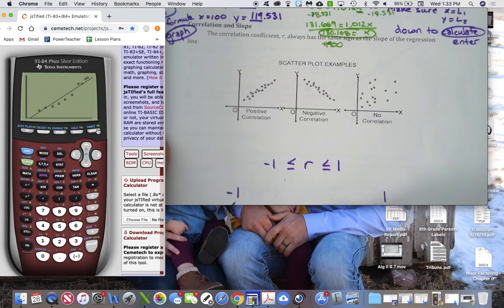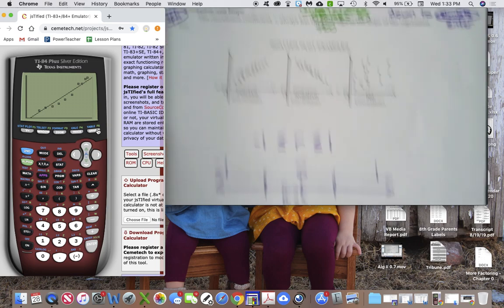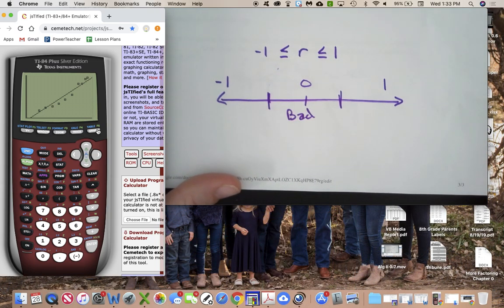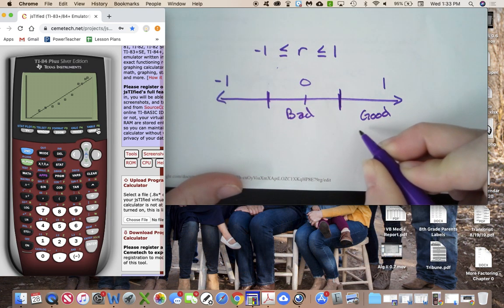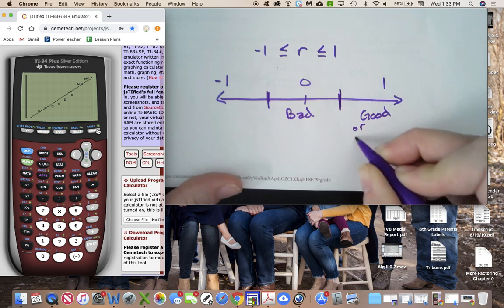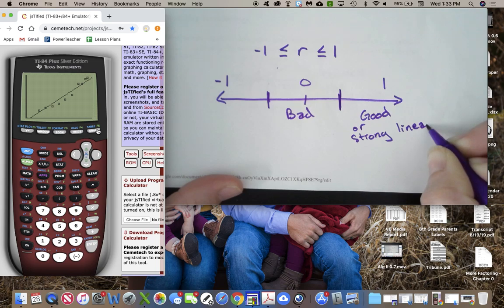Here is where 0 is. This is like the bad range. This is like a good range, or in other words, a strong linear relationship.